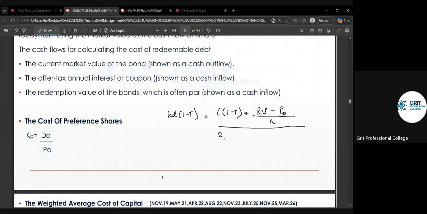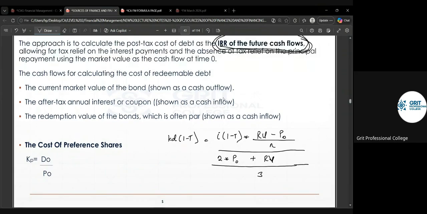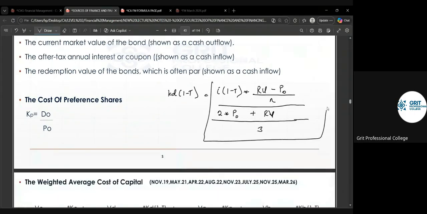Then all over 2 times the price of the debt, which I'm representing as P0, plus the redemption value, all over 3. When you input your values, you are going to get the after-tax cost of debt, and it is the same as using the IRR approach, which is very, very long. So I'll urge you to remember and use this formula.